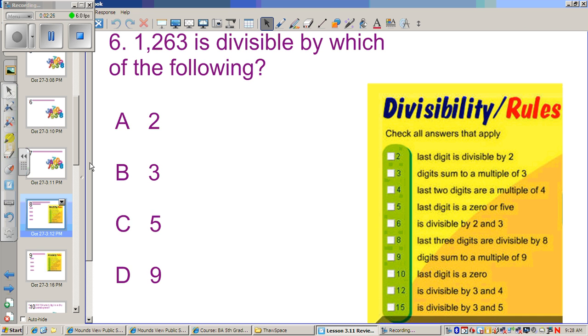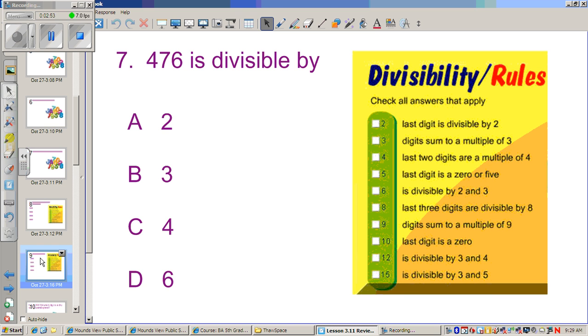So it says check. 1,263 is divisible by which of the following? 2, 3, 5, or 9. So you need to pick the correct answer. Remember the rules, and it tells you the rules over there again, so it's a little bit of a review.